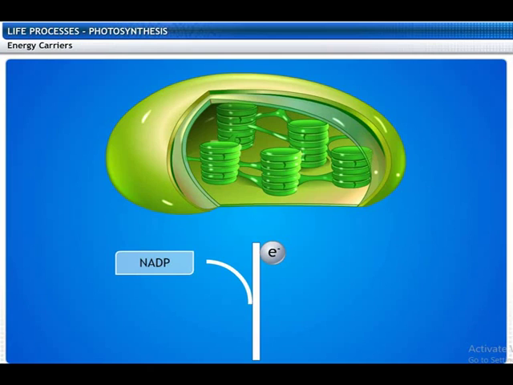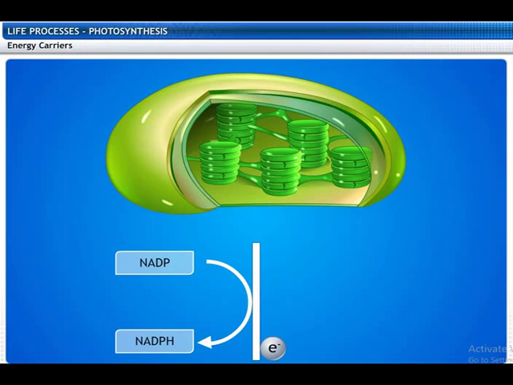NADP is nicotinamide adenine dinucleotide phosphate that is used as an electron carrier. NADPH is the reduced form of nicotinamide adenine dinucleotide phosphate that serves as an energy carrier.